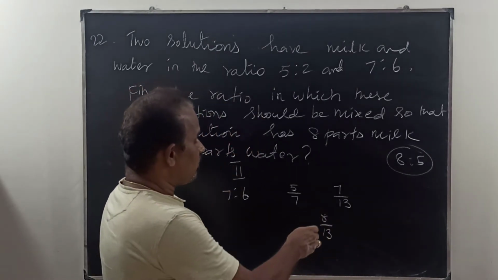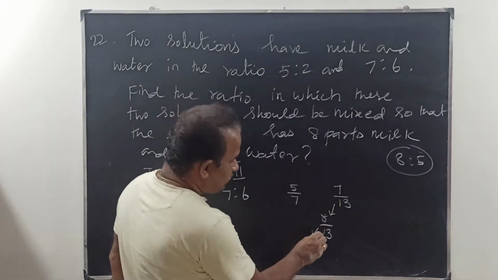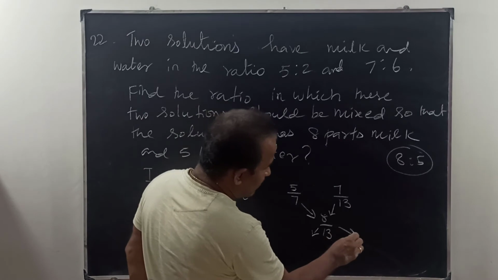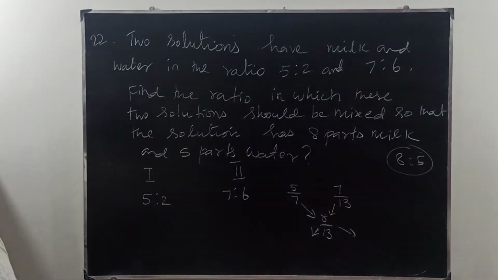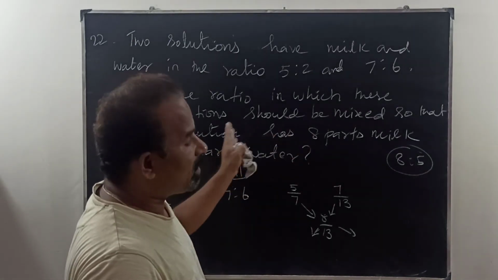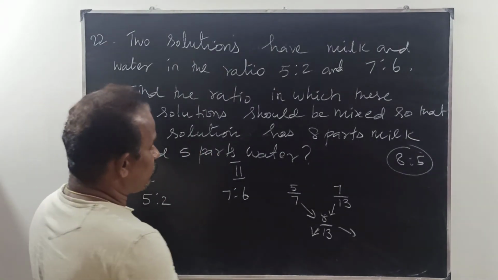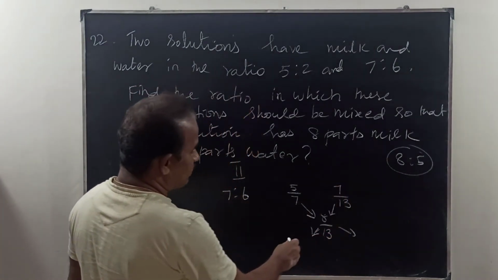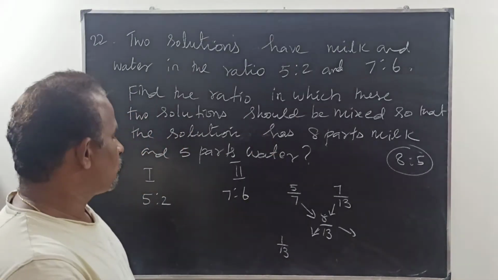So therefore, if you take the difference here and write here, this is the required ratio of milk and water. The difference is 8/13 minus 7/13, therefore 1/13.